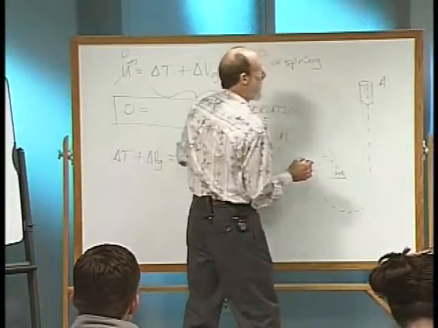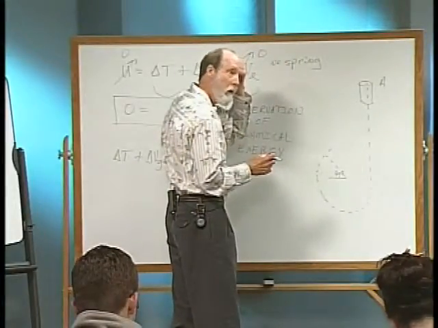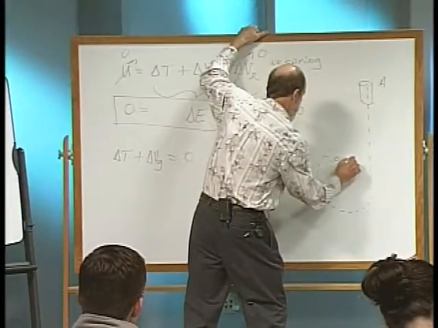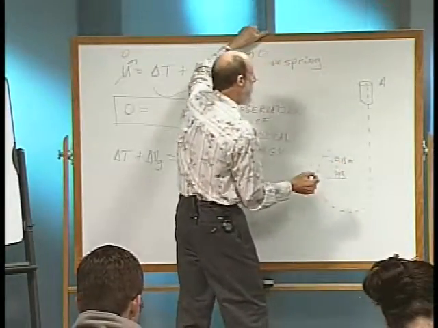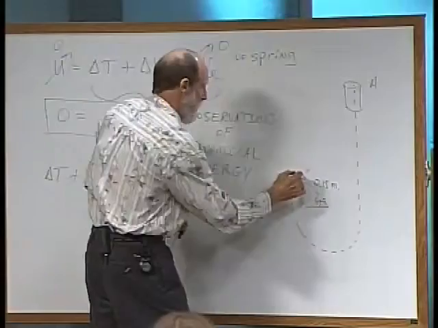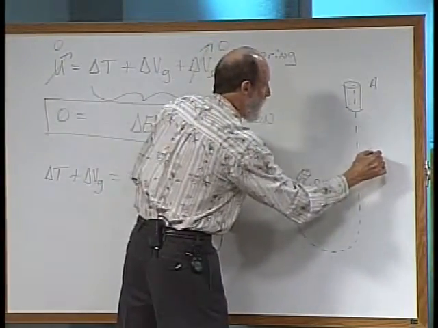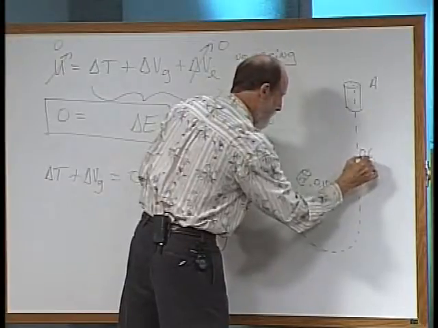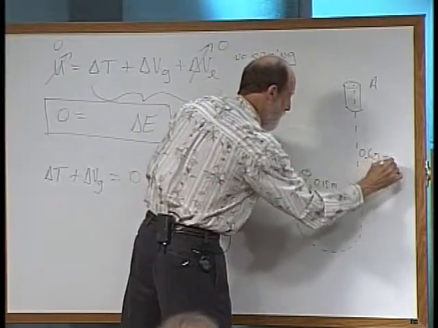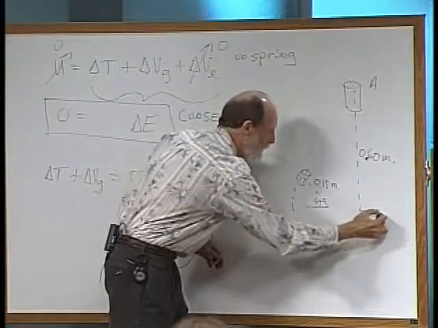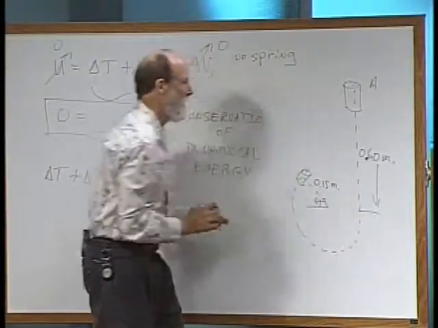And what was the radius? 0.15 meters. 0.15 meters? Okay. And it drops 0.6 meters from the top of A to the level of the radius. 0.6 meters. Okay, 0.6 meter drop right down to here. Good, very nice.